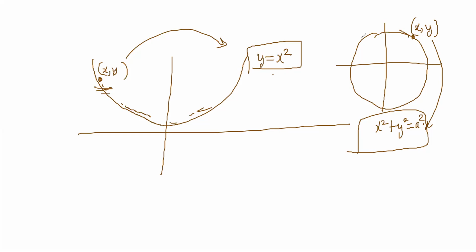So basically what you have to do is to take a variable point x comma y which is moving along that path, and get a relationship between x and y so that it always satisfies that condition. That relation basically describes the path of the particle.